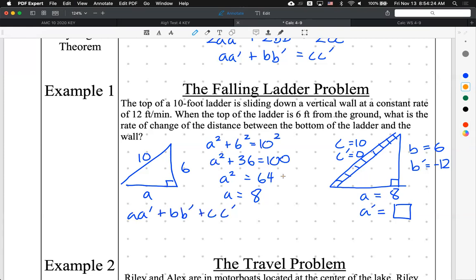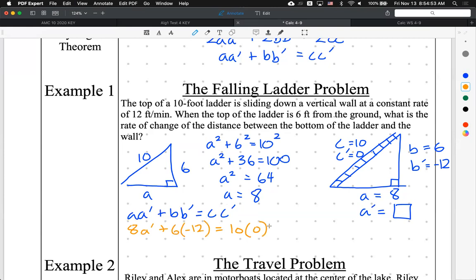And we plug in everything. So A is 8. A prime, we'll leave that as A prime because we don't know it. Plus B is 6. B prime is -12. And I don't know why I randomly wrote a plus there. That is very silly. That should have been an equal sign. So this is equal to C, which is 10 times C prime, which is 0.